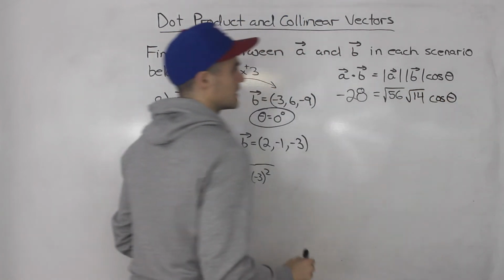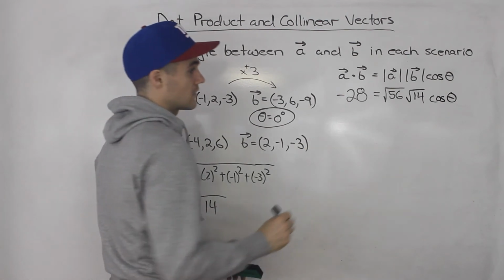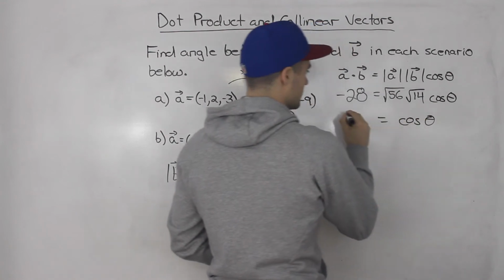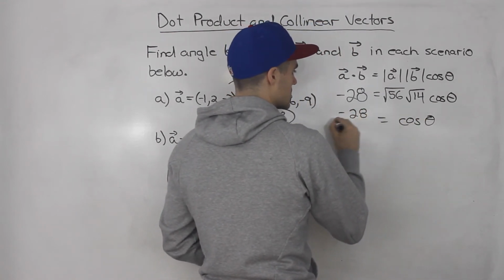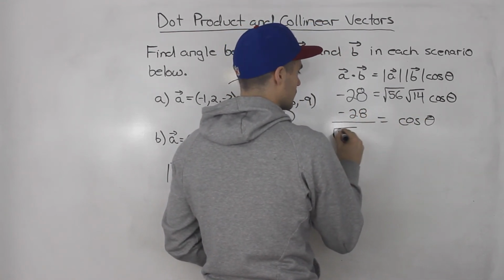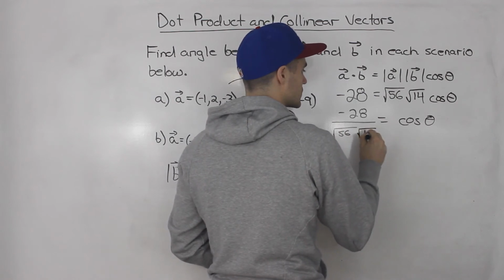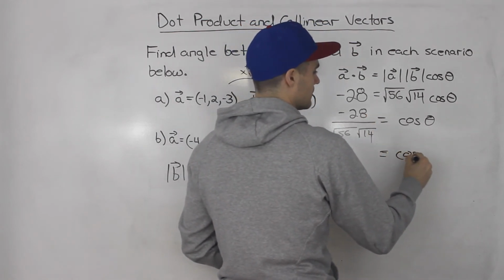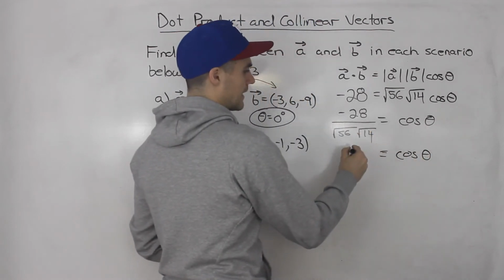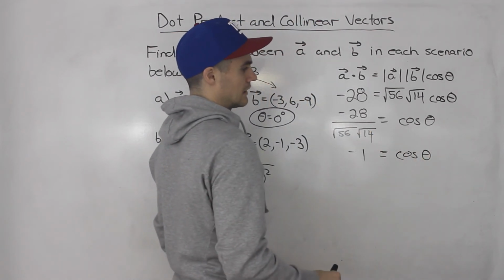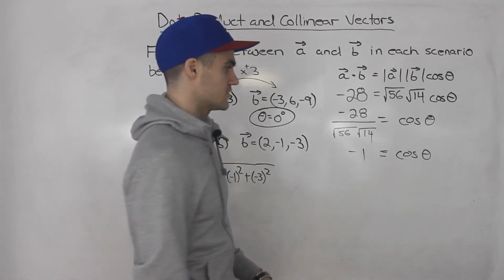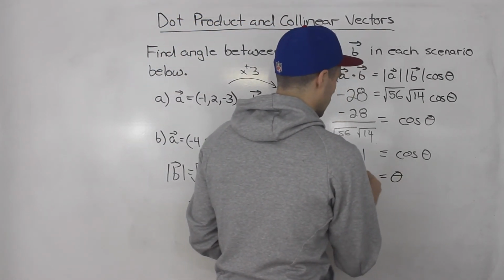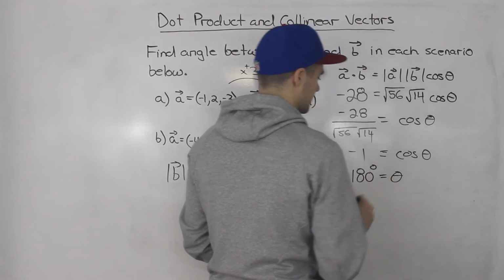Then we could isolate for cos theta. So cos theta would be negative 28 over the square root of 56 times the square root of 14. If you plug all of this in your calculator, you would end up getting negative 1. And then when you inverse cos negative 1, you'd end up getting theta equaling 180 degrees.